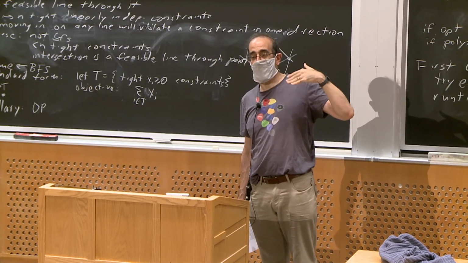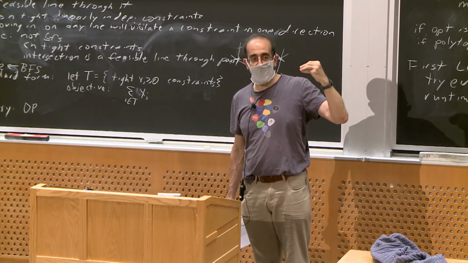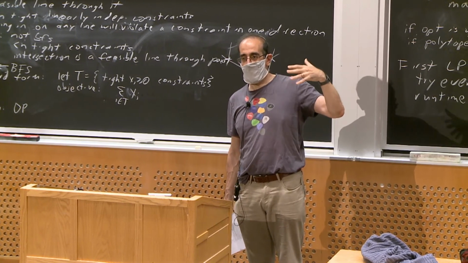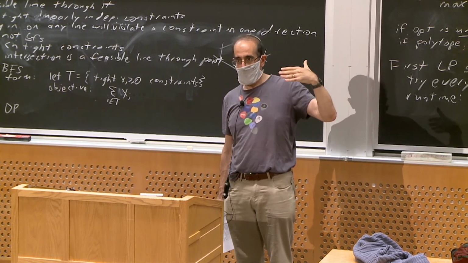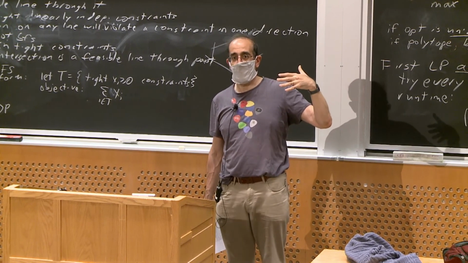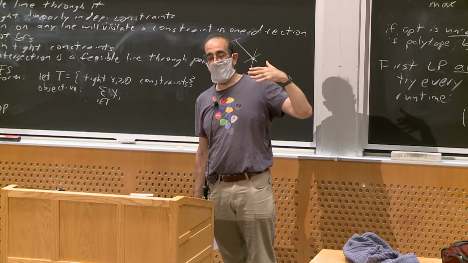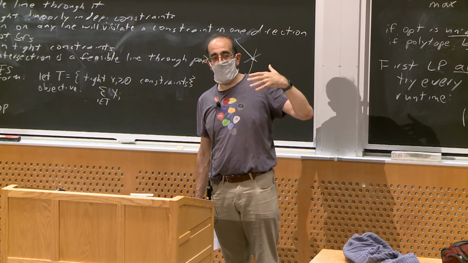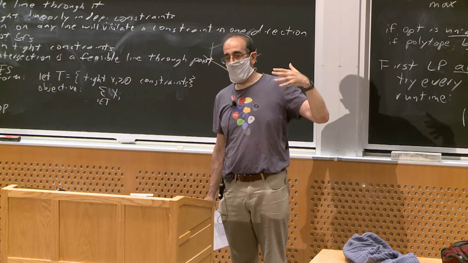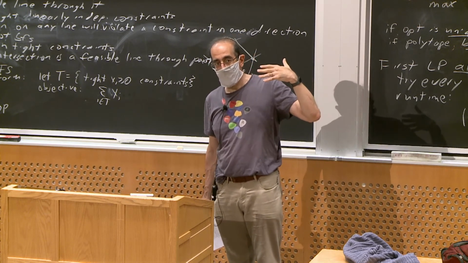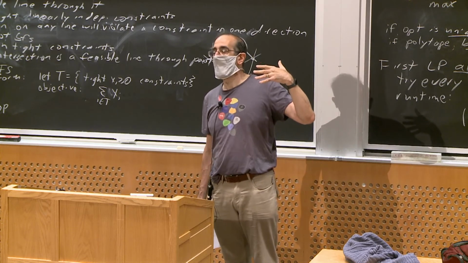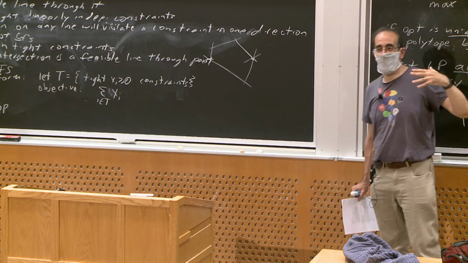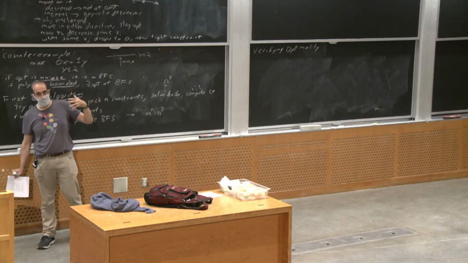You can be given the optimum, and that will prove that the optimum is greater than or equal to a target value if you have a maximization problem. But how do you prove that the answer is no? How do you prove that there is no value whose objective is larger than a certain target? So this is the analog of how do you prove that there is no solution to a linear system.